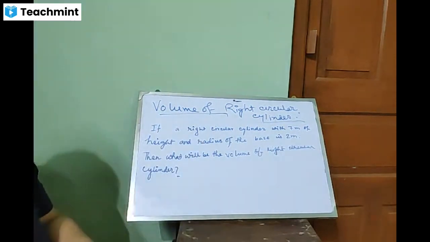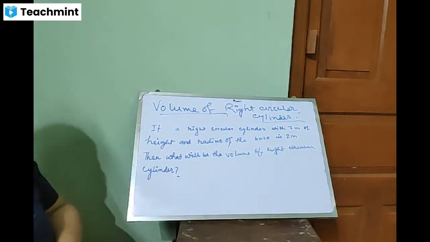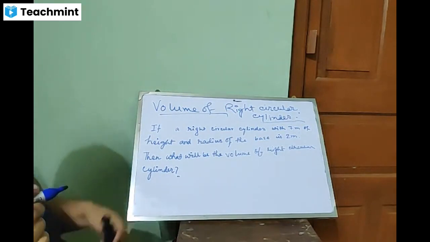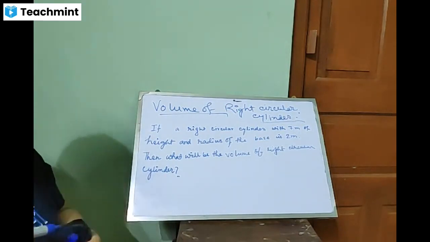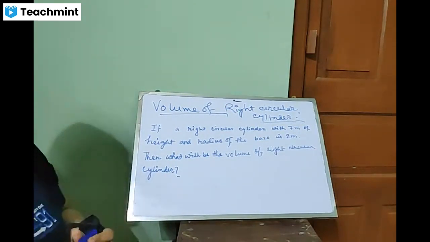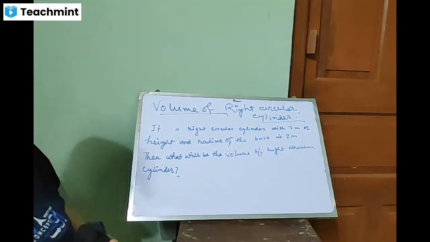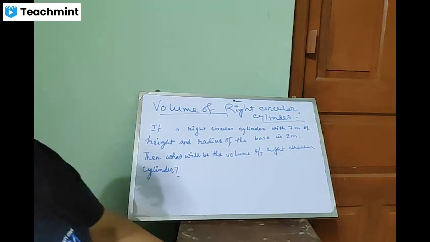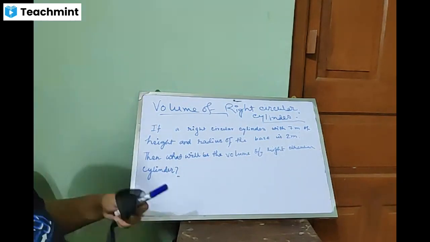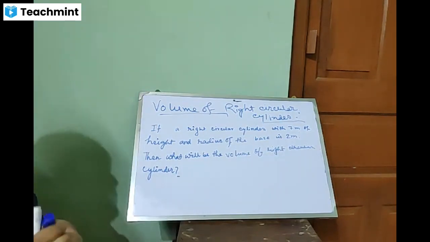What is this? This is a right circular cylinder, and we solve this problem using the formula pi r square h, which we practiced in the previous chapter.